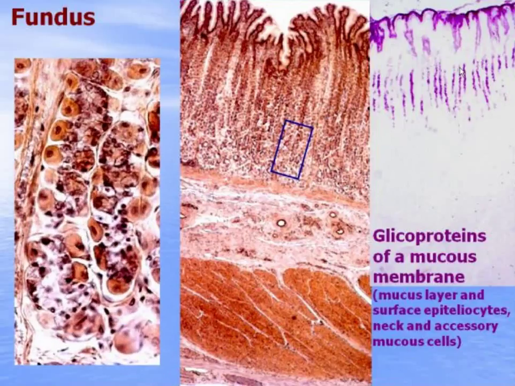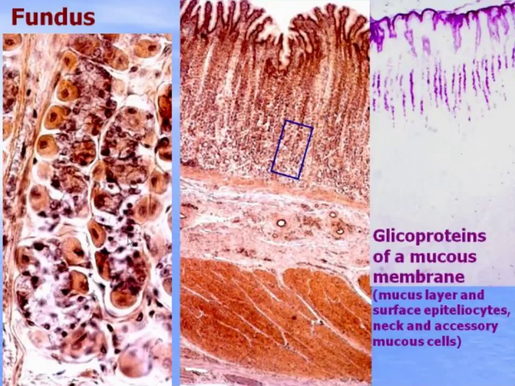And these are proper glands at high magnification. In the center are located the chief cells, basophilic, violet in color, and at the periphery are located the parietal oxyntic cells. They are orange in color, like vesicles.